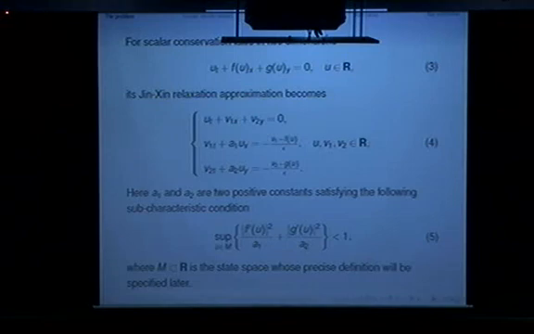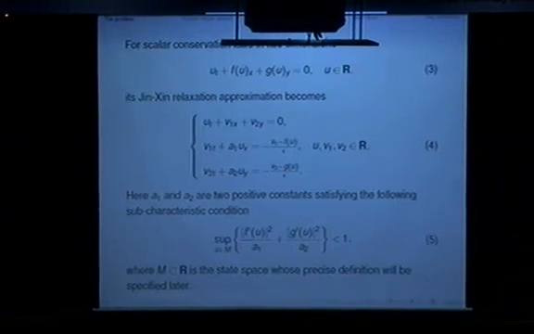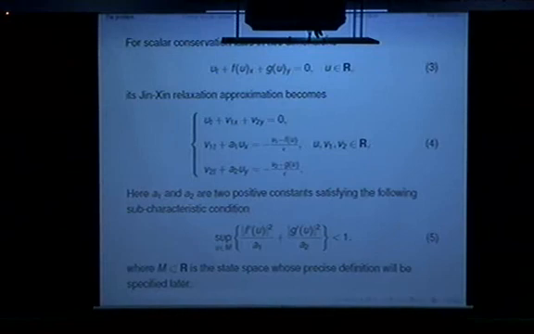Here A1 and A2 are 2 positive constants, and epsilon is also a small constant. The 2 positive constants A1 and A2 satisfy the so-called subcharacteristic conditions. Here M is the state space, which will be specified later.